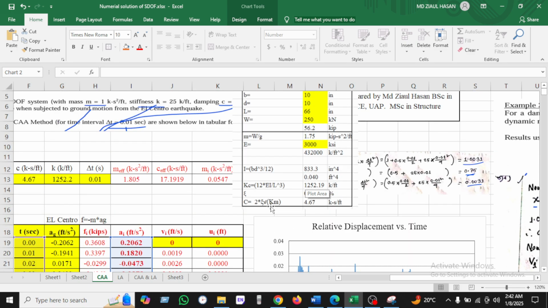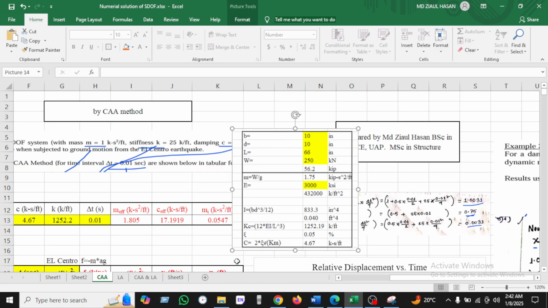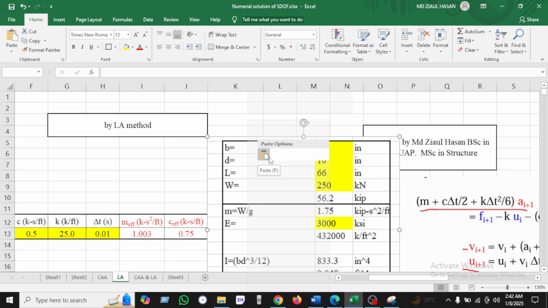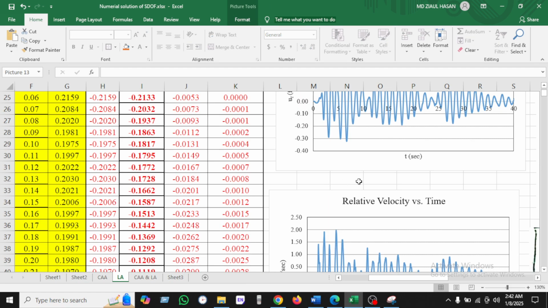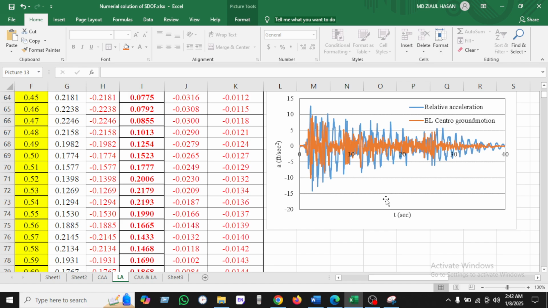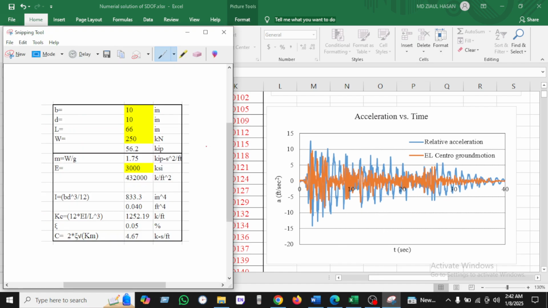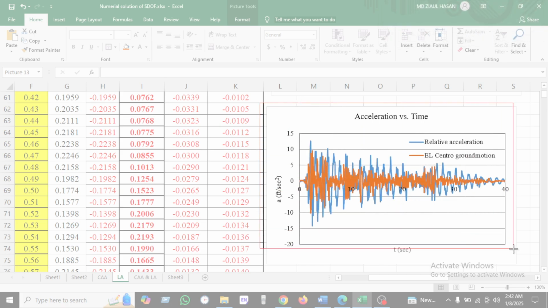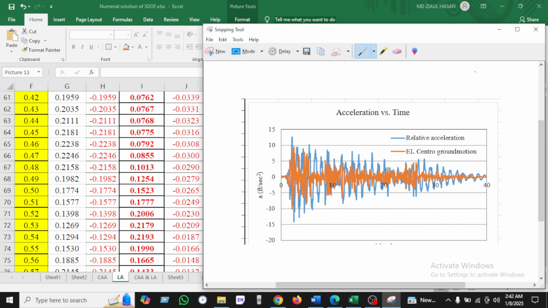So if we use this again in the linear acceleration method, I'm just putting it here. What will be changed? I'm just taking a snap to show how much data has changed.